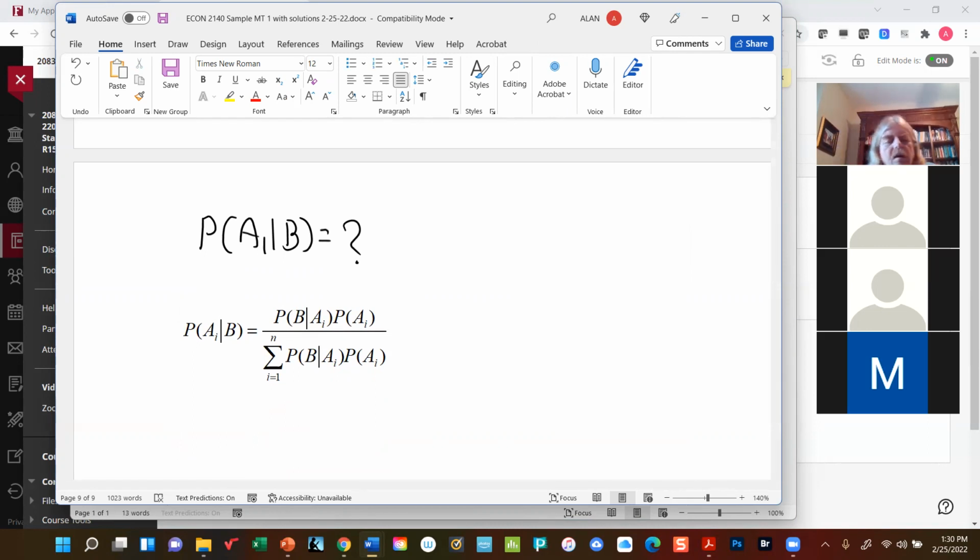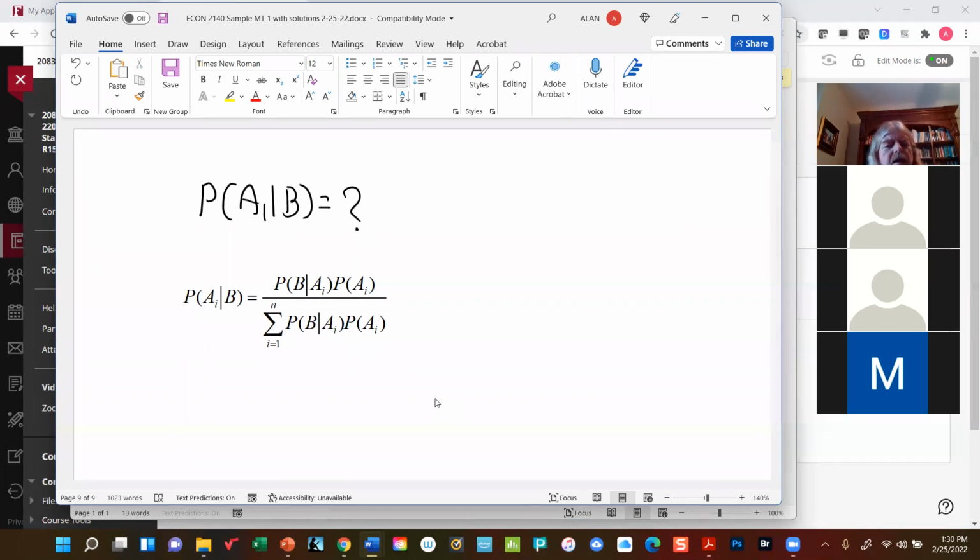Okay, so what we have to do is recognize that in the denominator, we're always going to have all the possible A's listed here. The numerator just has one of them. So in other words, the probability of A1 given B. Now here, these I's refer to this one: P(B given A1) times the probability of A1.